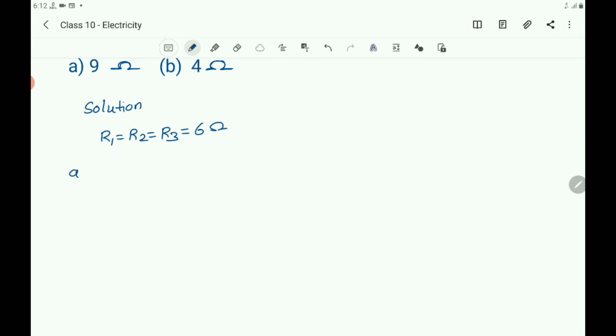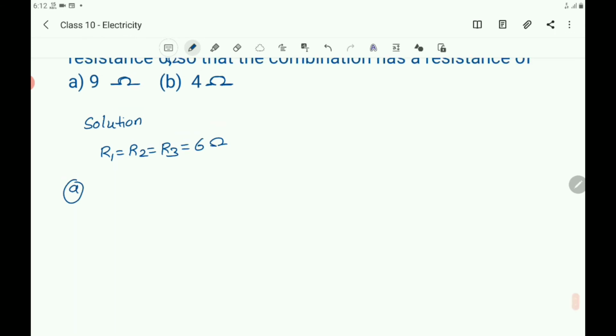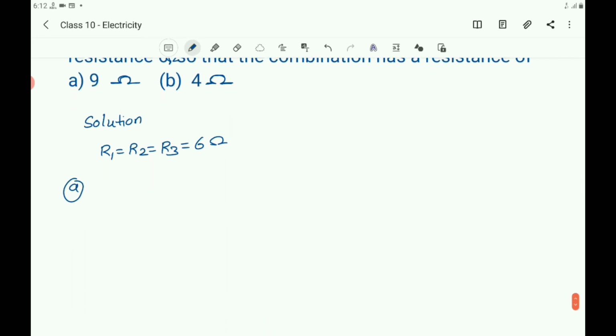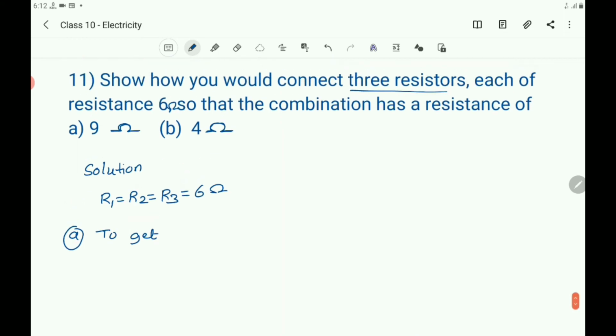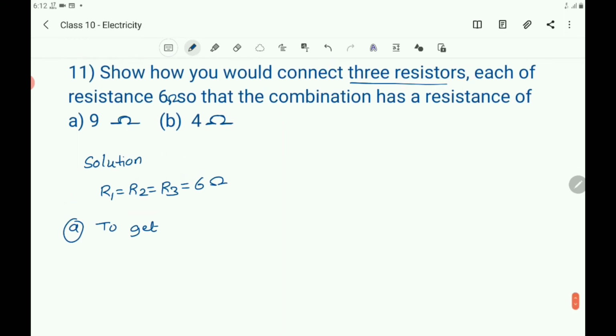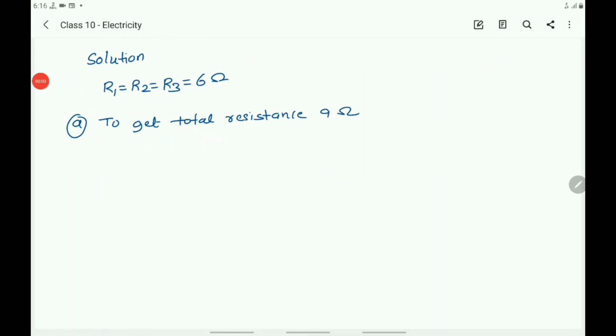Now the first one is to get total resistance of 9 ohm.